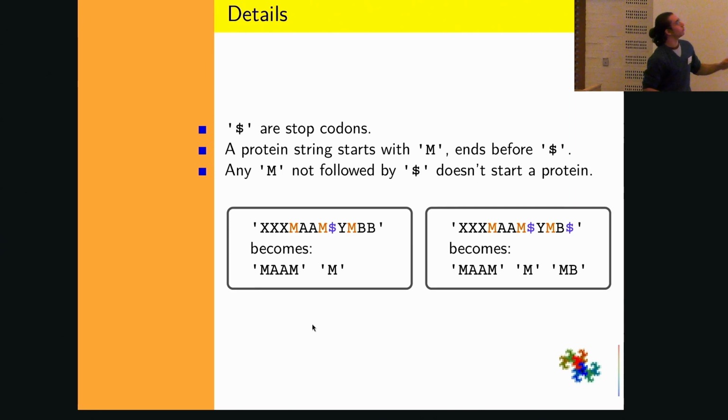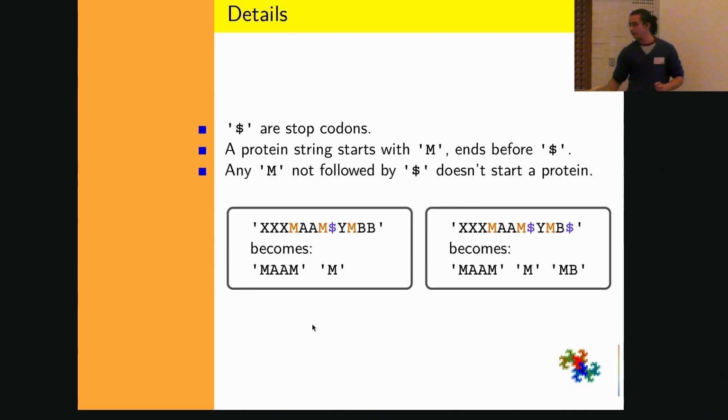And I marked those with $ signs, which is a convention that I also used in my code. The more precise problem statement is that we have to return substrings of any of the reading frames, which start with an M amino acid and end just before the following $ sign.